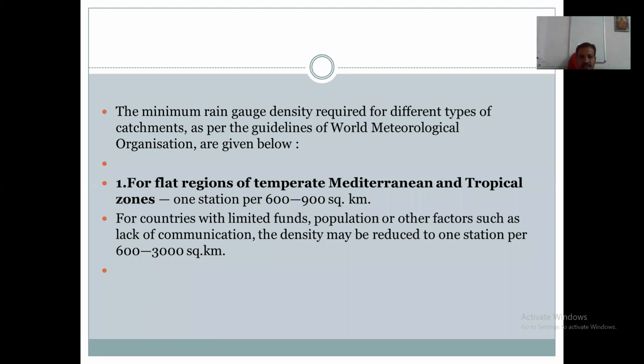So in that case, the first case is for flat regions. If the catchment area has flat regions of temperate, Mediterranean and tropical zones, for this, for one station per 600 to 900 square kilometer, one rain gauge station will be there.